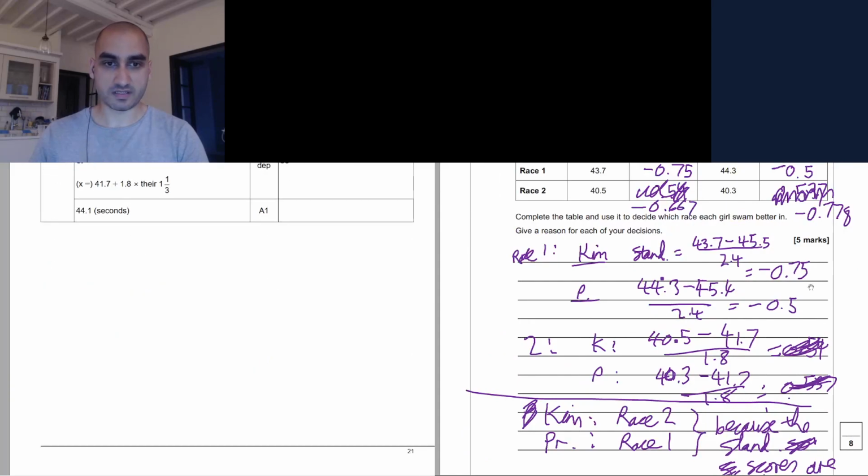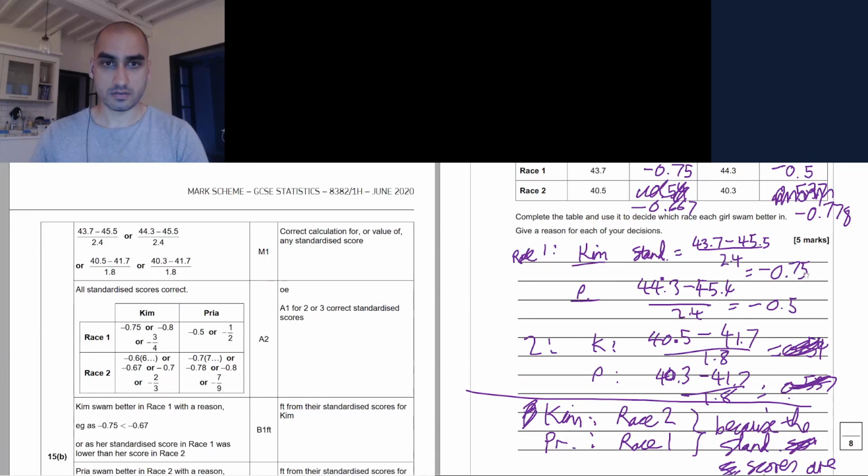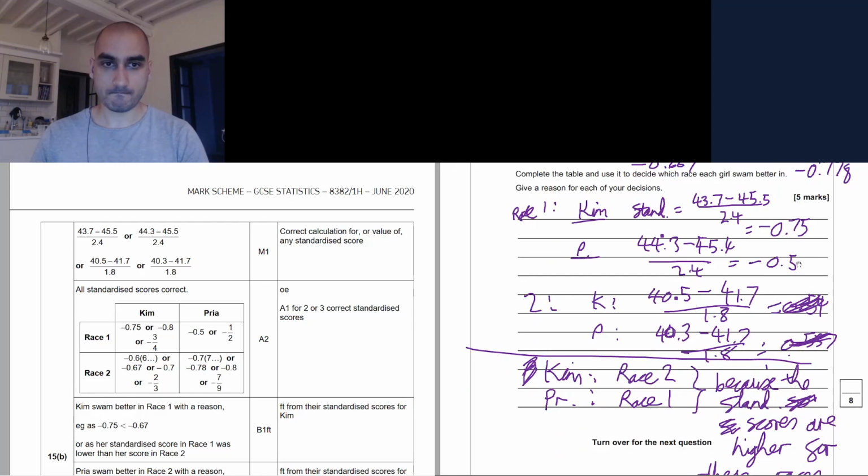So this is 5 marks, come on. Why did I write 45.4 there instead of 45.5? But if I... No, but I got the right... Why did I write that?